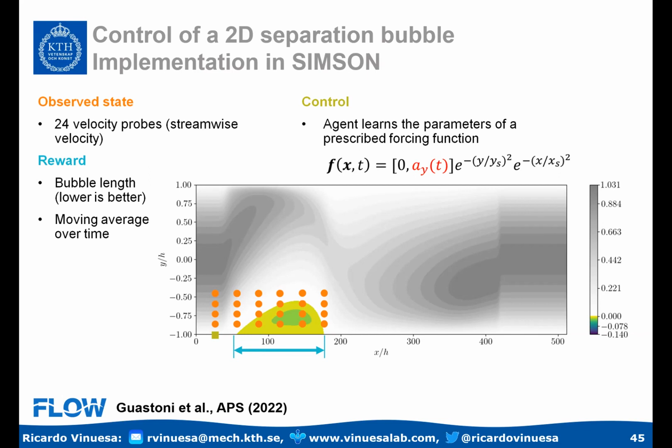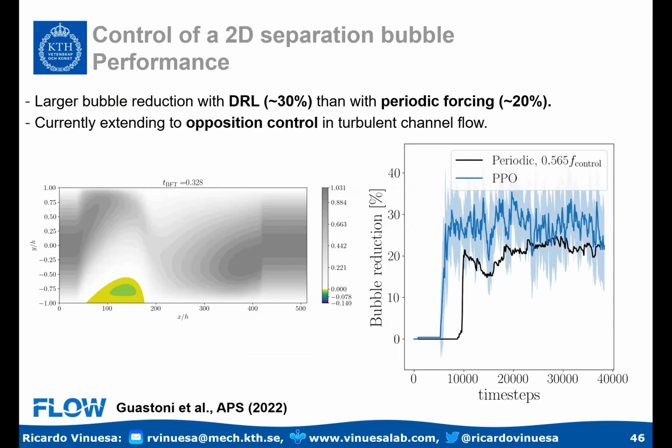What is interesting is the results of this approach. Here on the left, I'm showing you a little video of what the reinforcement learning is doing. Periodic forcing will be basically a sinusoidal at a particular frequency. With reinforcement learning, you have one frequency associated to the spacing of these wave packets that I'm sending, and then another time scale, which is connected with the length of the bubble. So you have at least 2 frequencies.